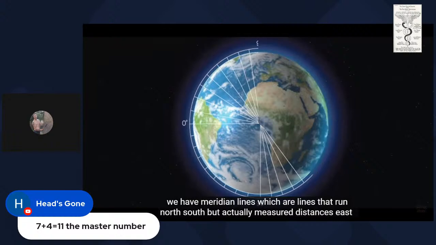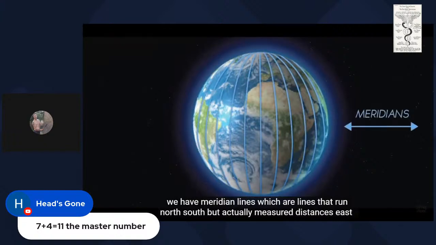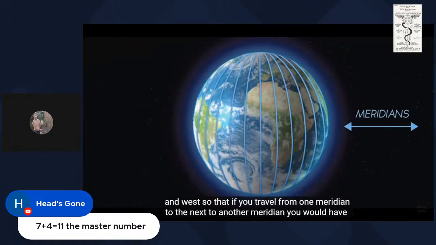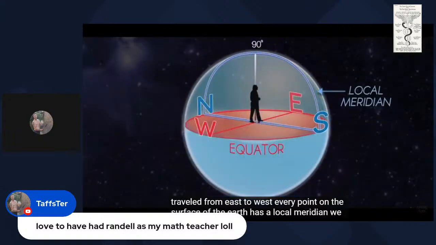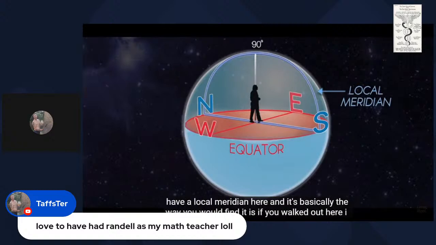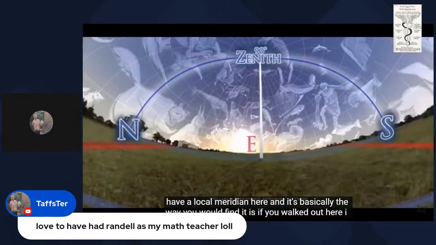Then in turn, we have meridian lines, which are lines that run north-south, but actually measure distances east and west. So if you traveled from one meridian to another meridian, you would have traveled from east to west. Every point on the surface of the Earth has a local meridian. We have a local meridian here, and the way you would find it is if you walked out here.